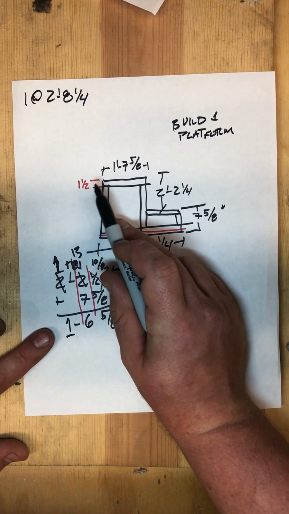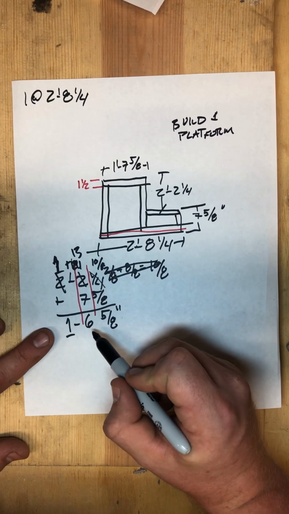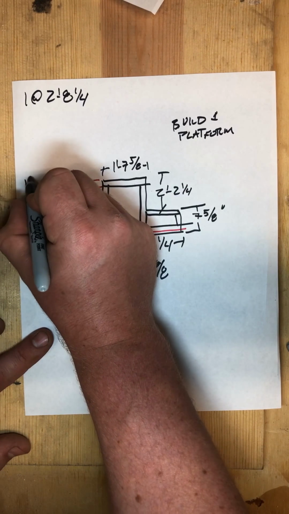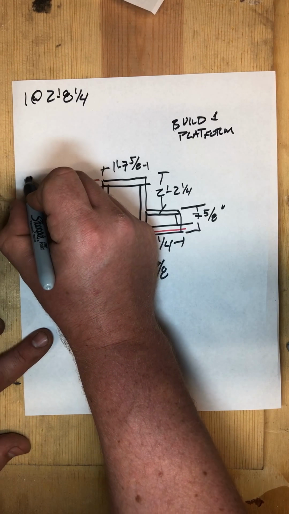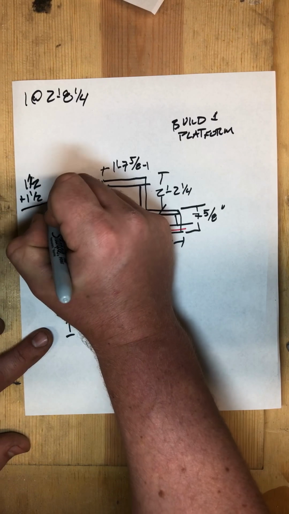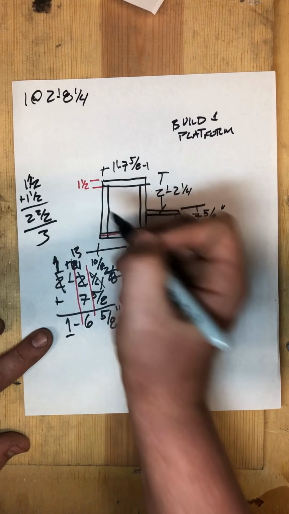So what I need to do is take 1.5 inches and this 1.5 inches and take it away from this. So we'll just real quickly go 1.5 plus 1.5. That gives me 2 2/2, which is equal to 3.